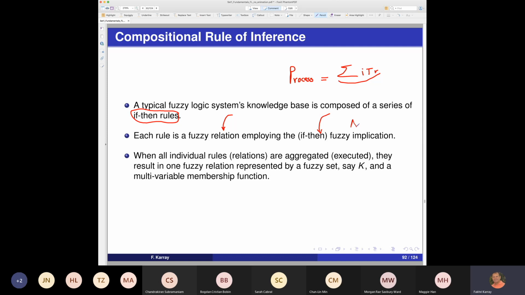So we are going to have antecedent A1 cross A2, each one representing an antecedent variable, A3, then a consequent here, B. So we are building if antecedent, then consequent. If, then. And these A1, A2, A3 are no other than fuzzy sets.